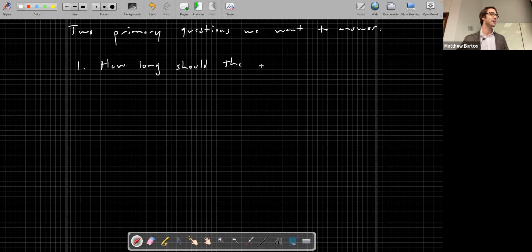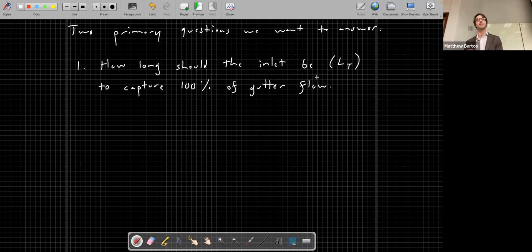We'll call this length LT. To be clear, LT refers to the length of the curb inlet needed to capture 100% of the flow.